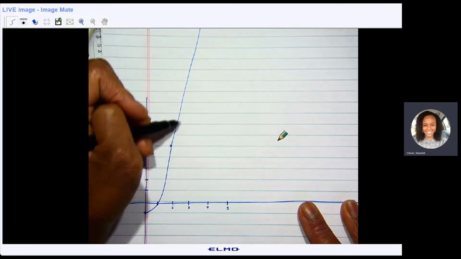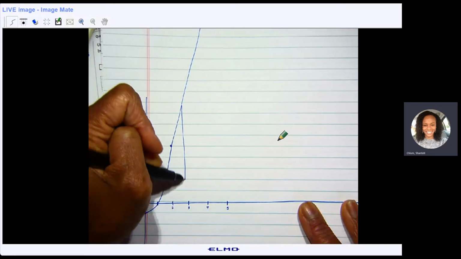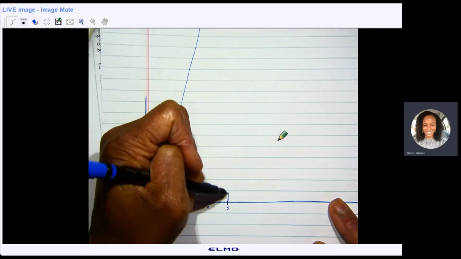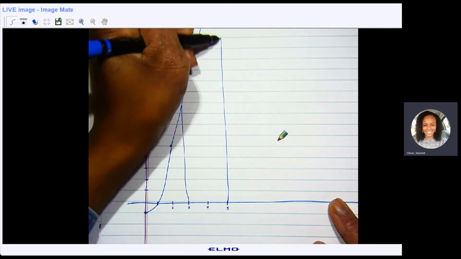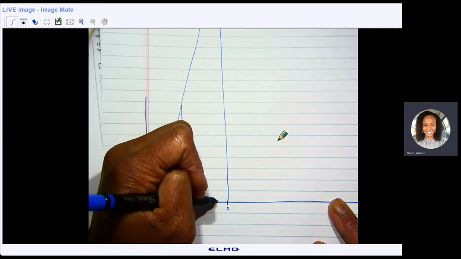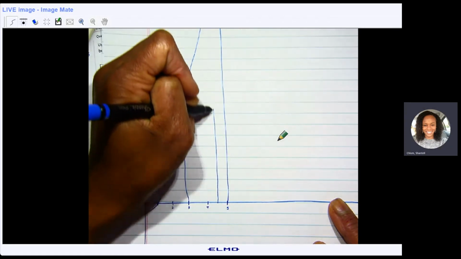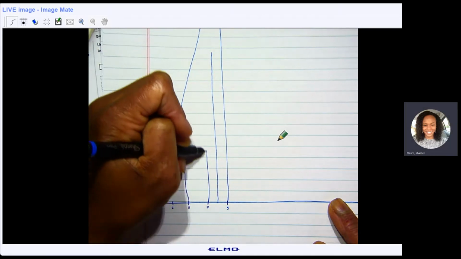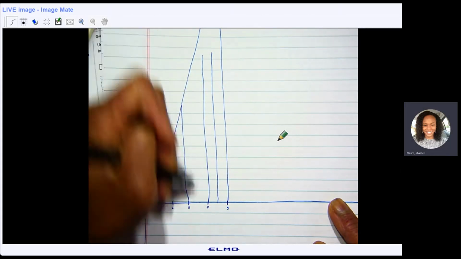This is terrible. Okay. Tricky graph. The graph is terrible. And we are dividing this region into 4 rectangles because they tell us to.